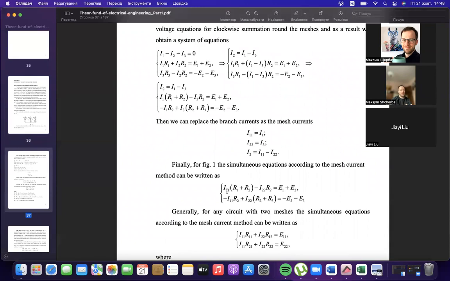Here, instead of the letter M, we have a double index: instead of IM1, just I11, and instead of IM2, just I22. It depends on the book or the author. You could find either pointing, with a double index or with the letter M.